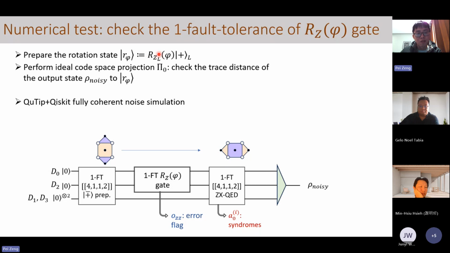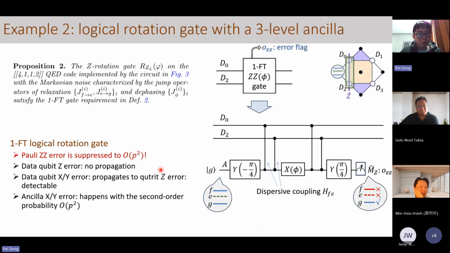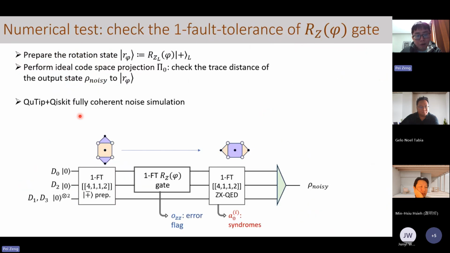Basically, you apply this logical rotation gate on the logical plus state and you want to make this preparation procedure one fault-tolerant. If our analysis, this proposition, is true, it means this gate is actually one fault-tolerant. In the numerics, you can see the rotation gates can have a very high accuracy.